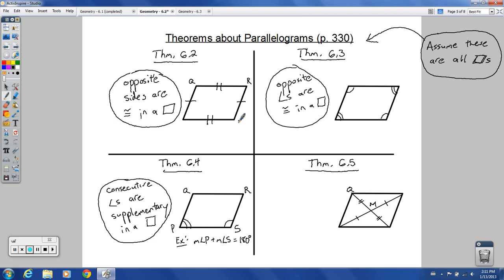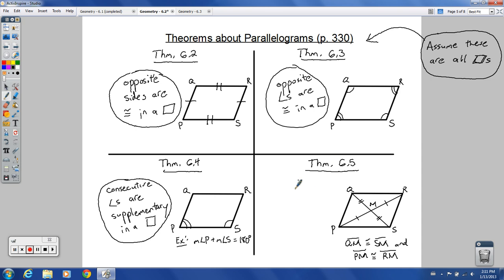These weren't really necessary to talk about the letters of vertices specifically in these two, but it's a lot more helpful for sure in these two. So let's just write all those in. Down here we can say that QM is congruent to SM, and we can also say that PM is congruent to RM.